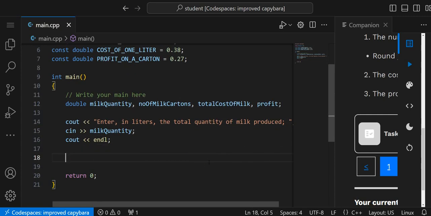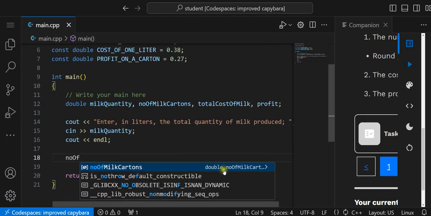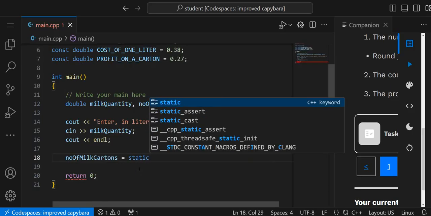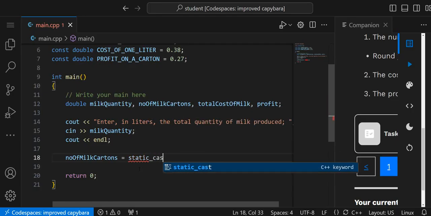All right, so let's go. Number of milk cartons equals static cast, this is times integer.